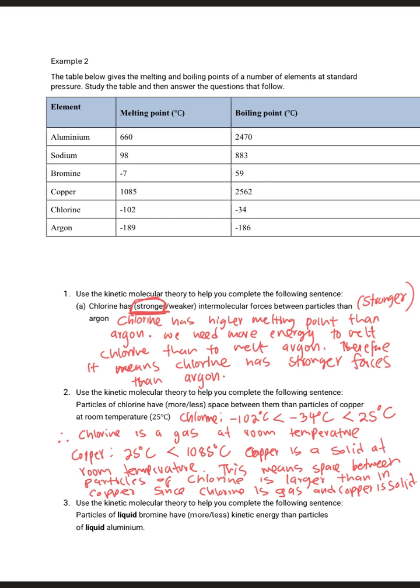So it means the correct answer here will be particles of chlorine have more space between them than particles of copper at room temperature. So the correct answer here is going to be more.